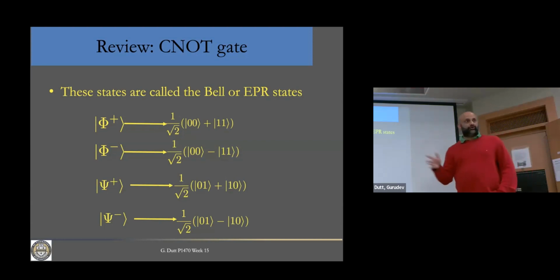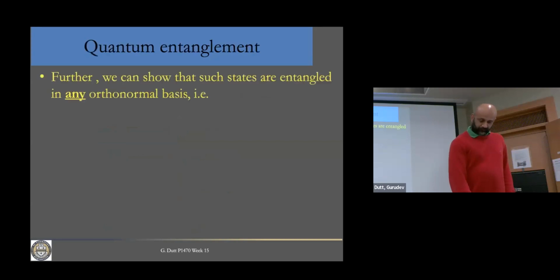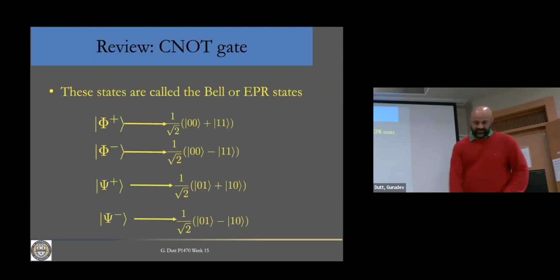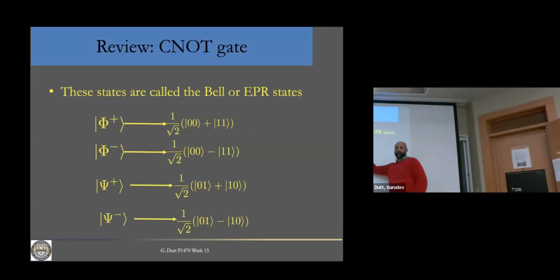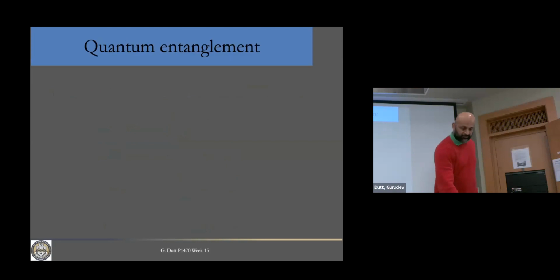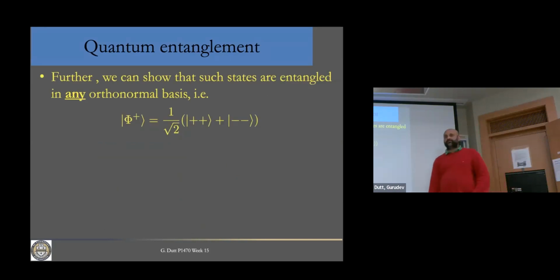Okay, so this is all just a review of things that hopefully you're all quite comfortable with by now. Okay, there's one other thing that I didn't explain to you before, but I'll show it to you now. We can show that such states are entangled in any basis that you choose to measure them. What I mean by this is that the phi plus state, for example, which I wrote as 00 plus 11, can also be written as plus plus plus minus minus.